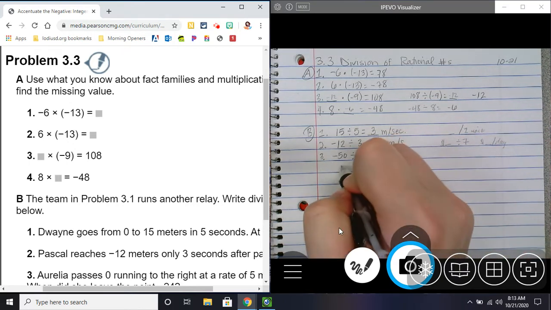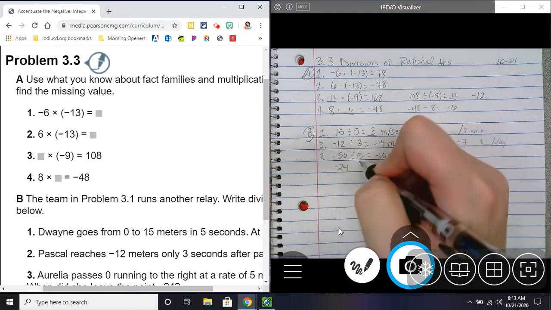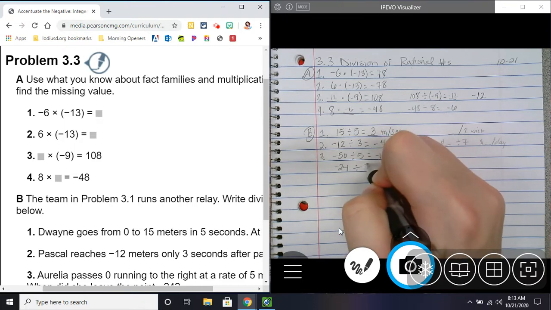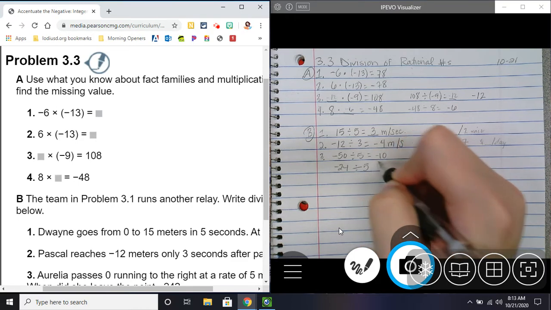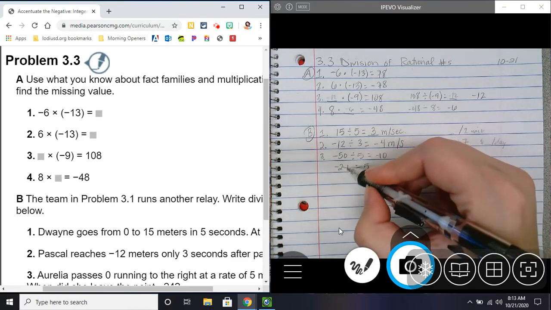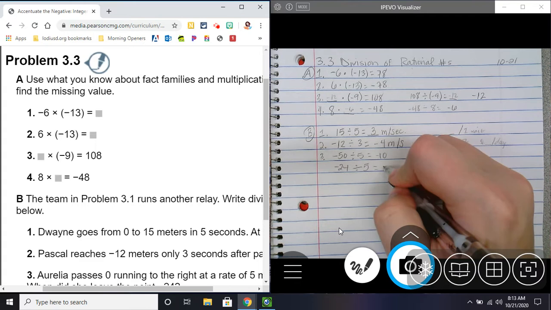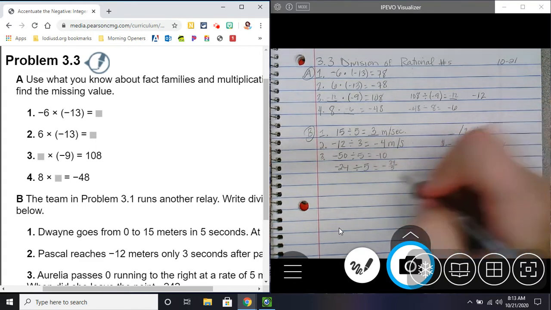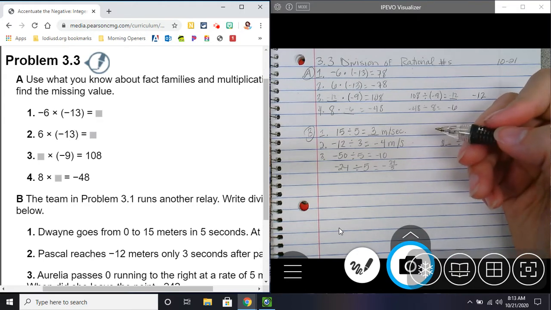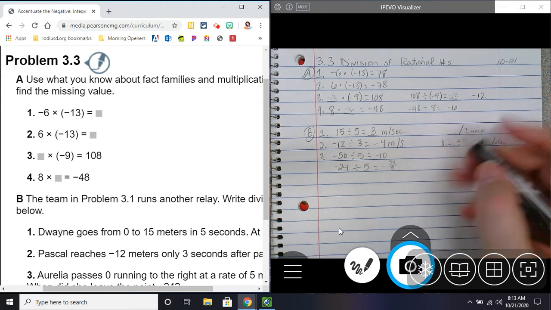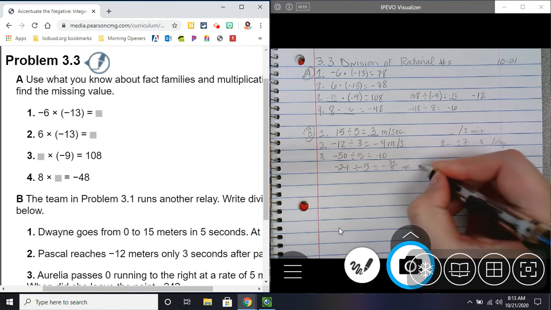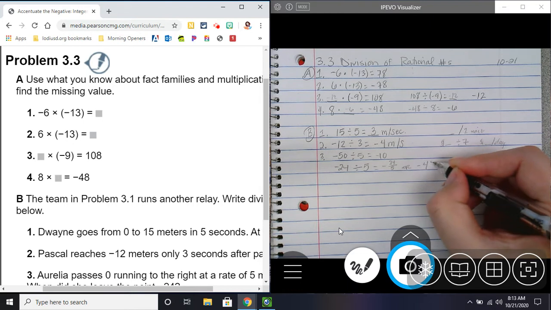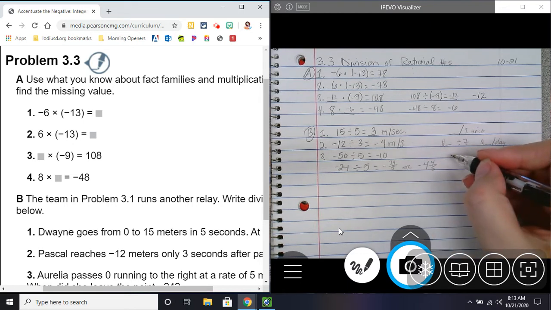And then she left -24. Again, still moving at a rate of 5 meters per second. And because 24 is not easily divisible by 5, I like to just leave it as an improper fraction. You can totally do that. That's fine. But if you would like to, you can also change it into a mixed number, which would be -4 4/5.